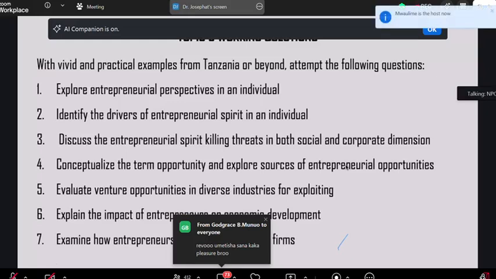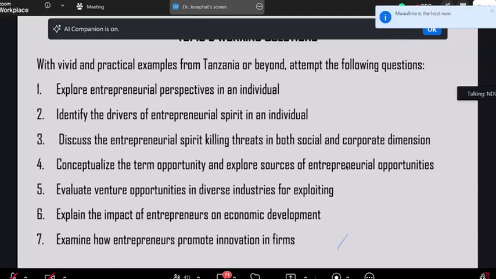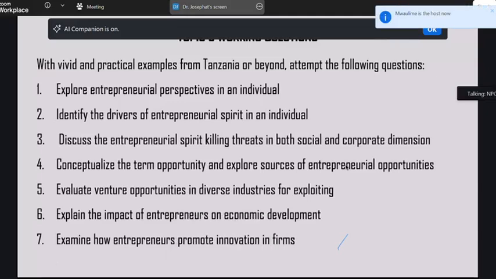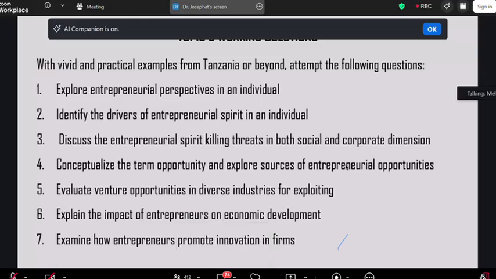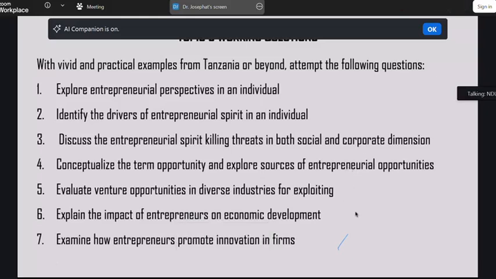Samahani Dr. Hiyo mitihani uliopewa ni ya campus zote au ni campus ya Arusha peke yake? Kwa sababu unaweza kusema yes we consider. But okay. Ndio maana imechelewa kufika. Nimeichukua jana. Okay, Doctor. Thank you. Ninaomba, nilikuwa naomba kama tunaweza tukafanya revision kidogo.